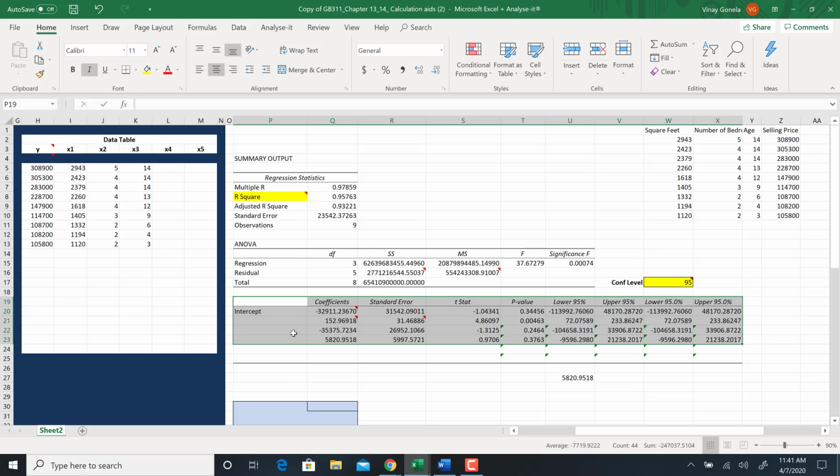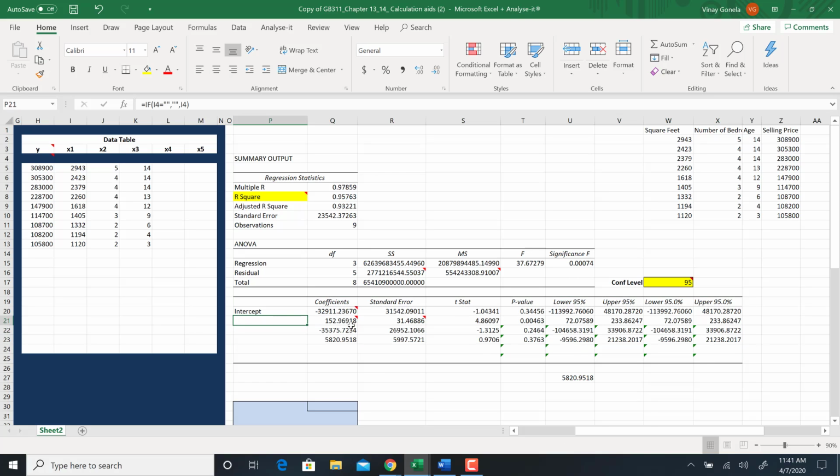So that is what we have, and you can see we have the coefficients here. The first one represents your beta 1, b1. This represents beta 2, b2, and this represents b3.